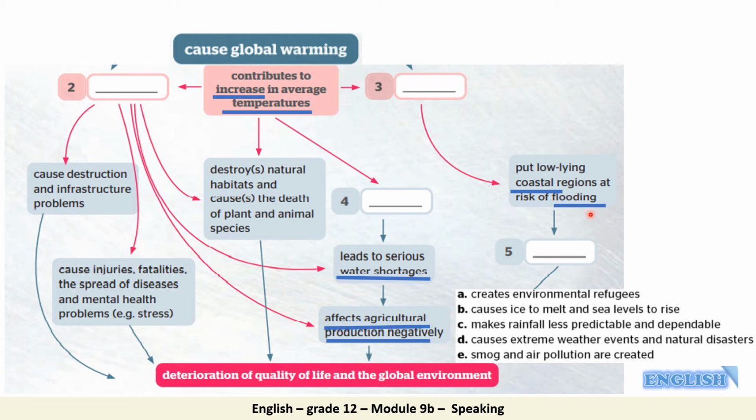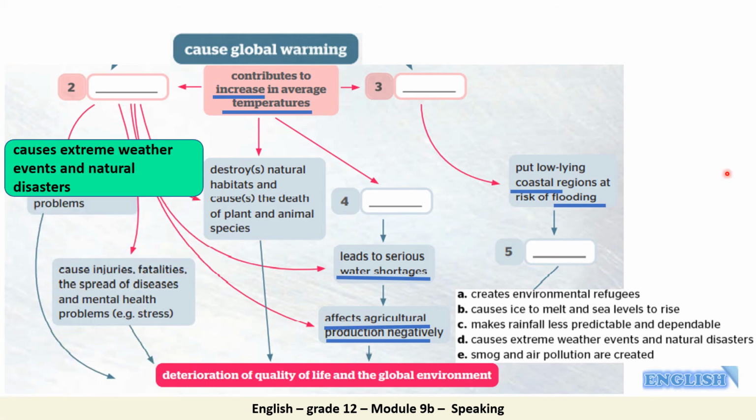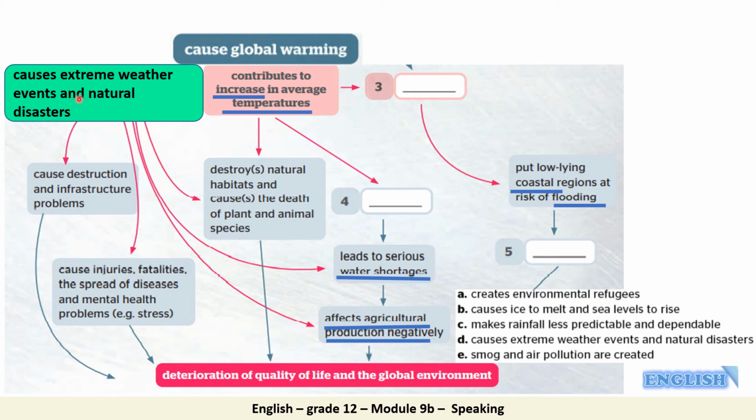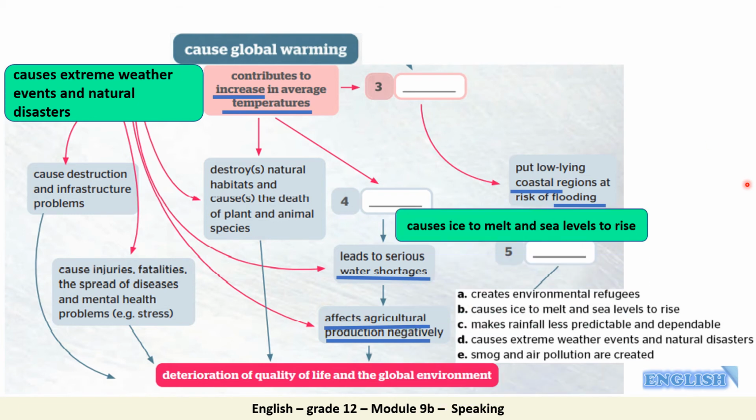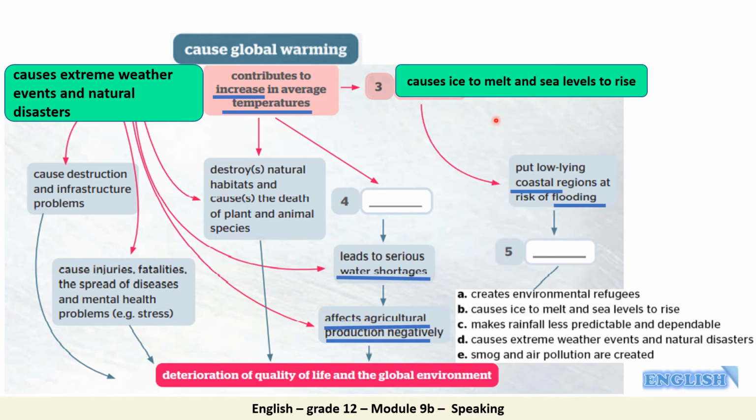From the box, we can say, number 2, yes, causes extreme weather events and natural disasters. Number 3, causes ice to melt and sea levels to rise. When we have ice caps which will melt, they will put low-lying coastal regions at risk of flooding.